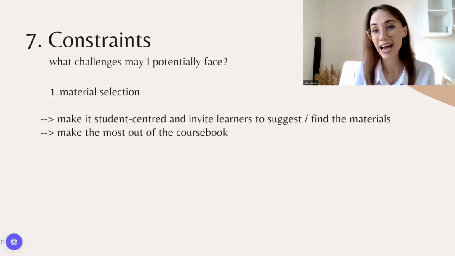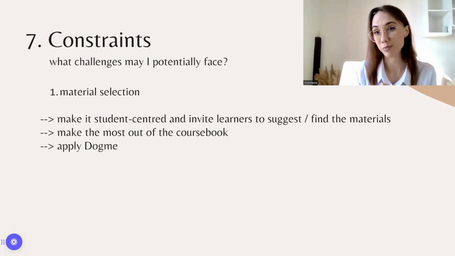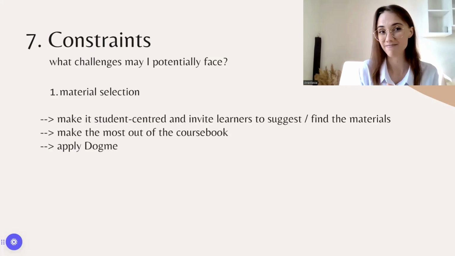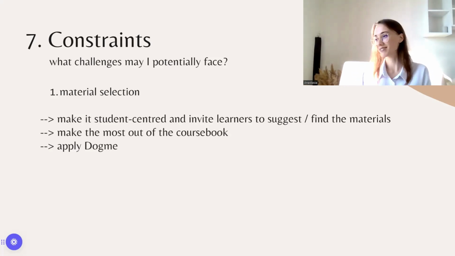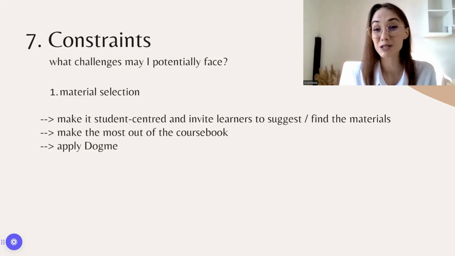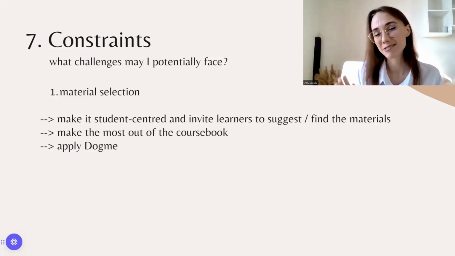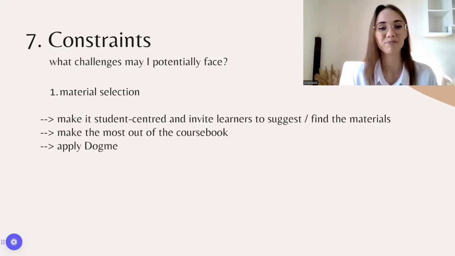I mentioned this earlier. I don't want to ditch it. I want to use it. Coursebooks are great. And I will try and apply dogme in one lesson. So since this is a unit of experiments, let's do everything that we can in order to experiment with everything that we can. So I'm going to experiment with dogme a little bit.